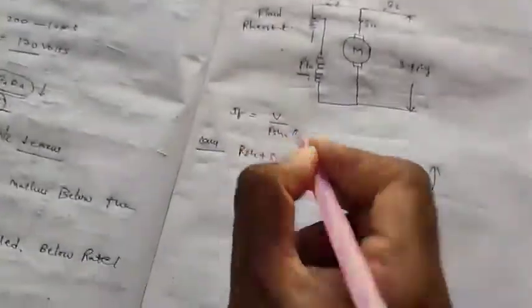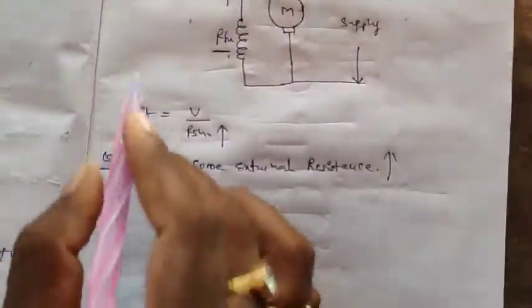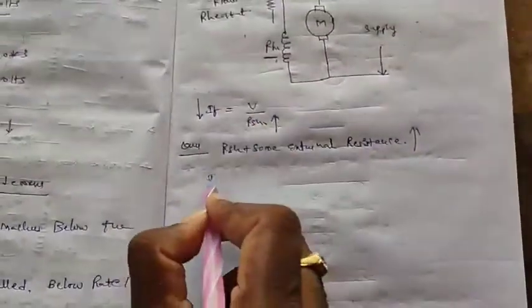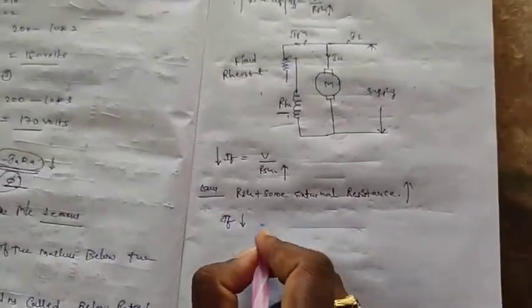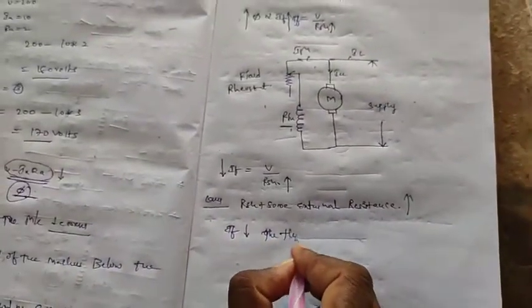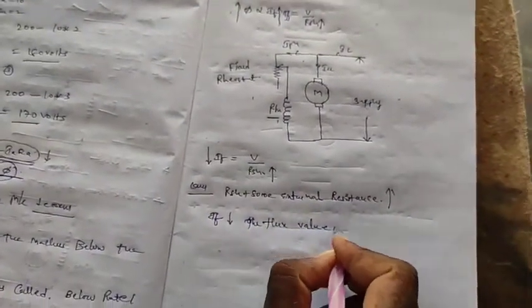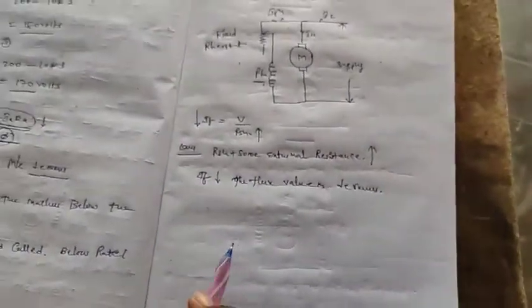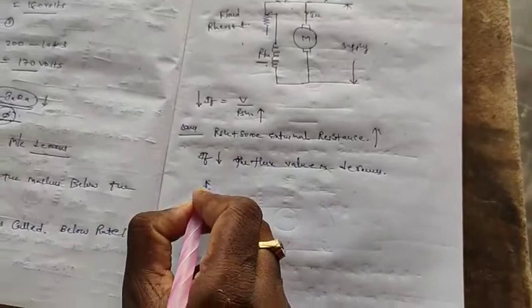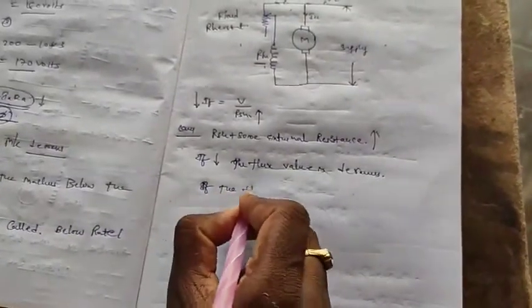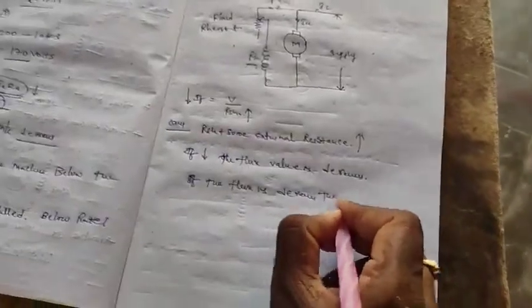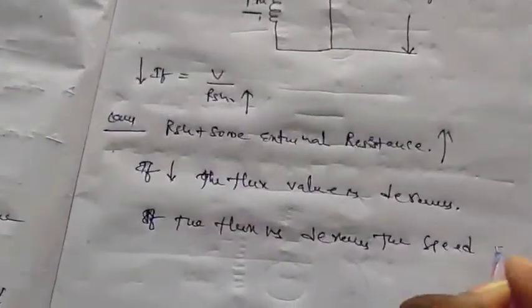That means the RSH value increases. What is IF? The IF value decreases. If IF decreases, the flux value decreases. If the flux decreases, the speed of the machine increases.